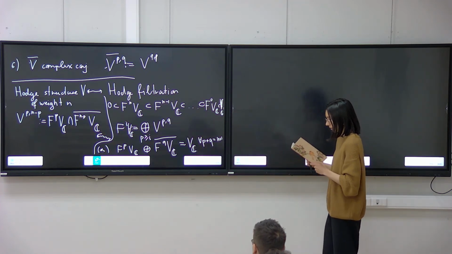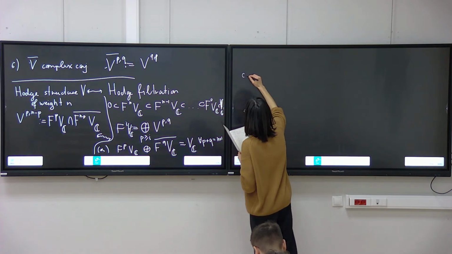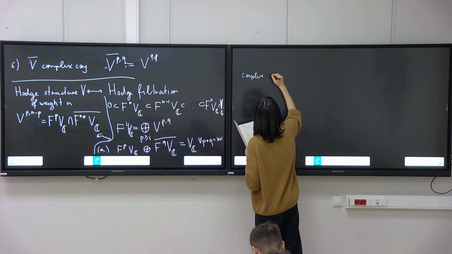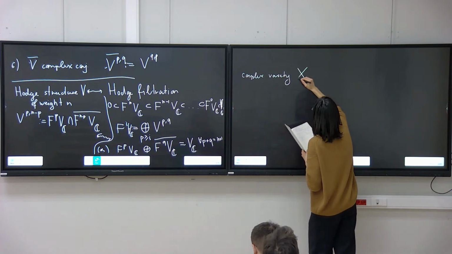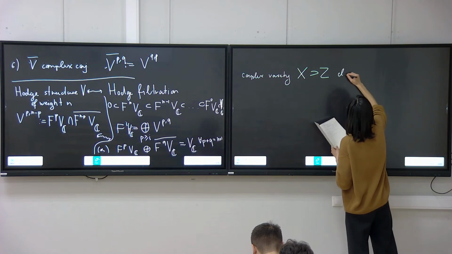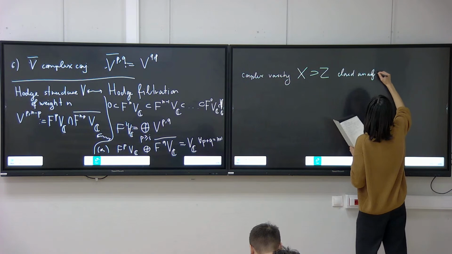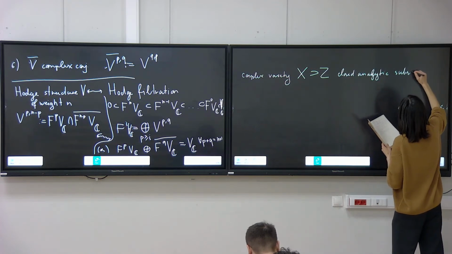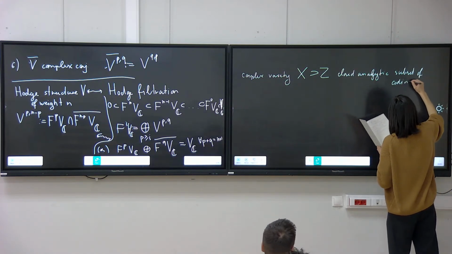Okay, and now let me state the Hodge conjecture. So first of all, suppose we have a closed variety X, and we have a closed analytic subset of codimension k.